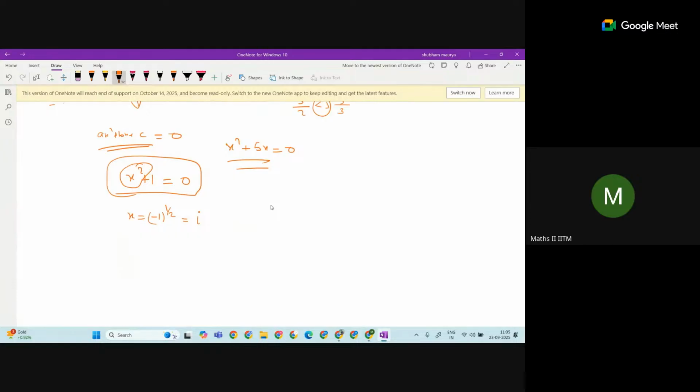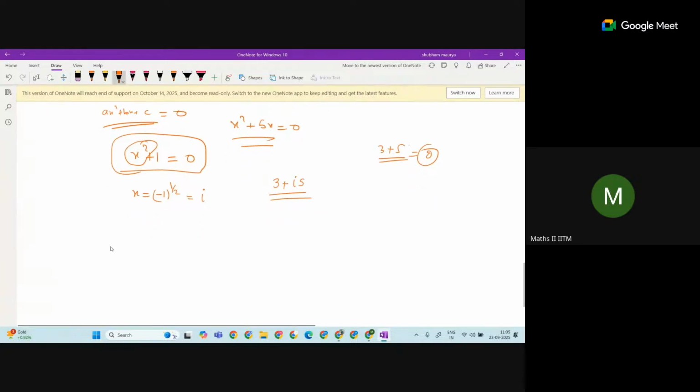There is no meaning in adding 3 plus 5i into a single number in the way you add real numbers; this represents a single complex number. So the representation of a complex number is a plus ib.